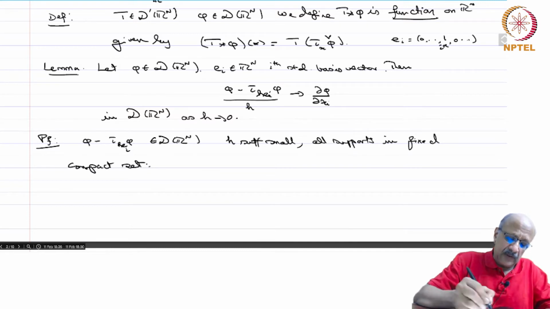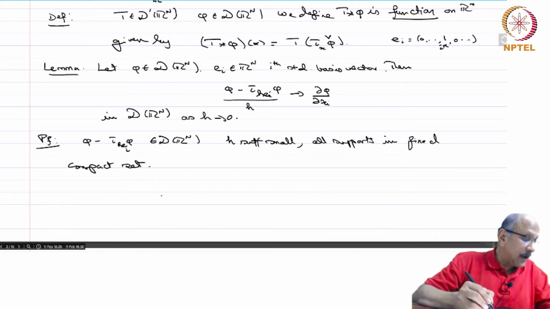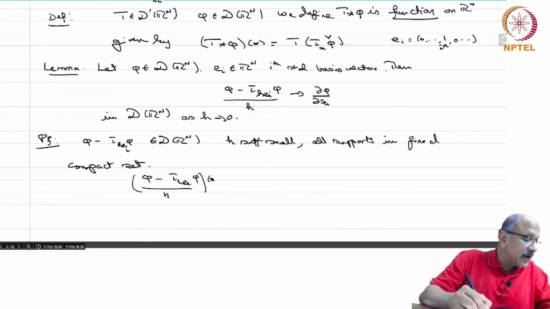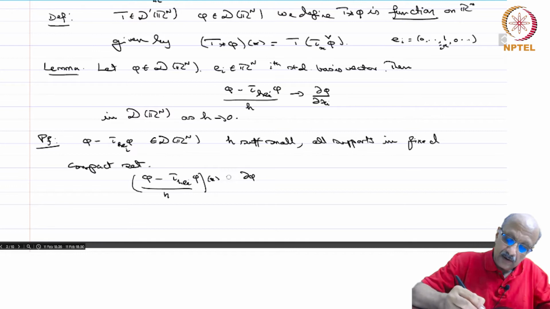Okay, this holds for all h as h goes to 0. So now you take (phi minus tau h ei of phi) divided by h. What is its value at x? This is equal to d phi by dxi of x minus d phi by dxi of x.